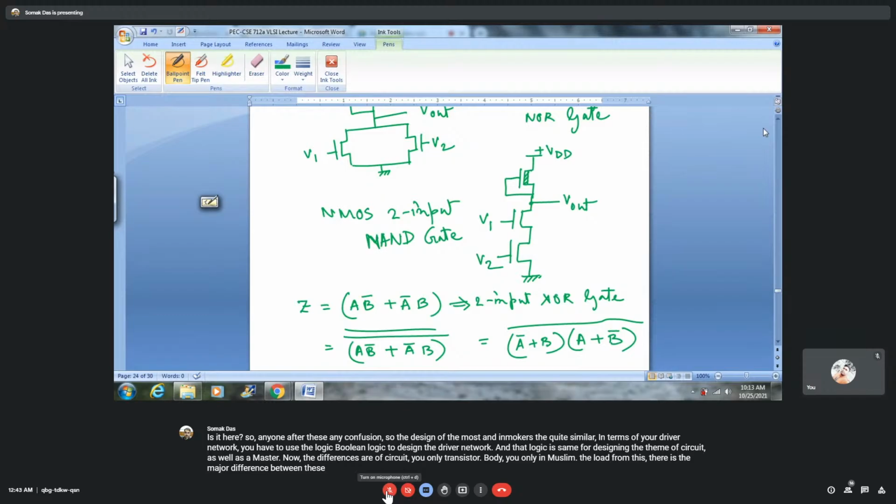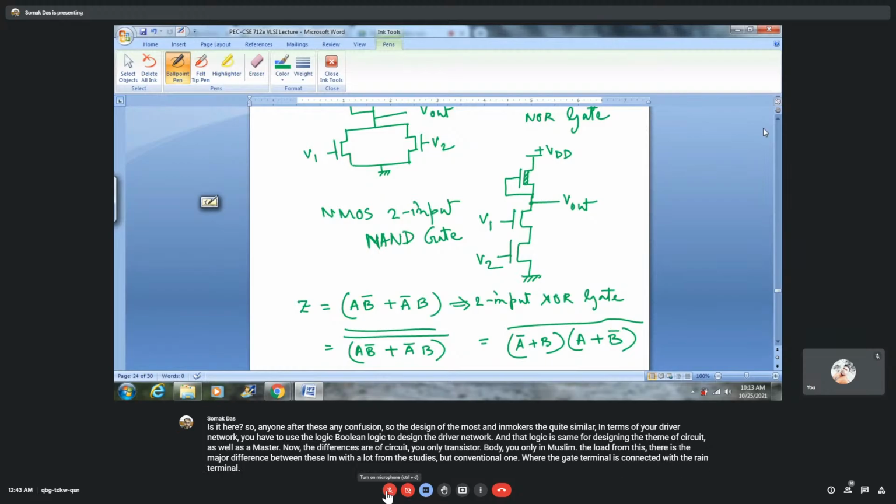For a PMOS circuit, the load transistor is the conventional one, where the gate terminal is connected with the drain terminal, whereas for the NMOS circuit, the load transistor is a diffused N-channel load transistor, whose gate terminal is connected with the source terminal. The biasing potential's polarity is also different.